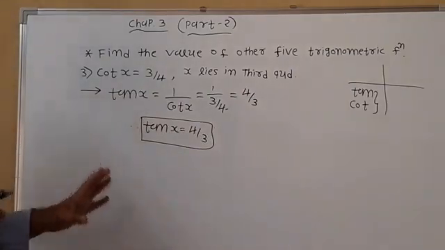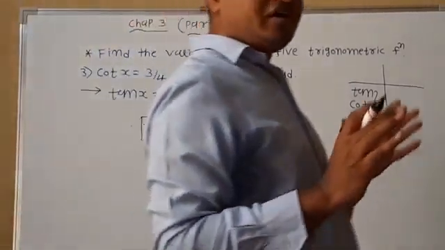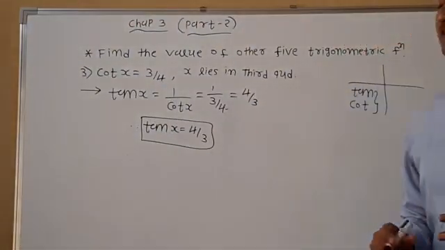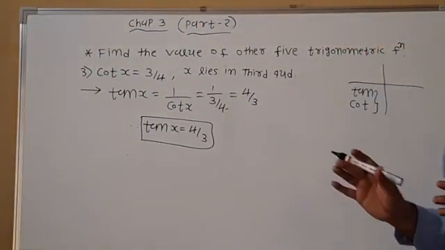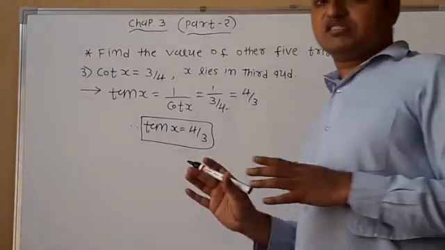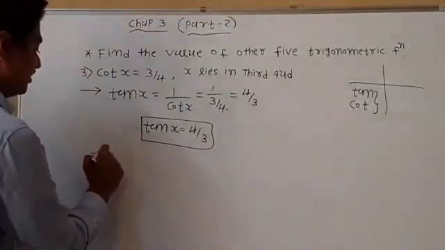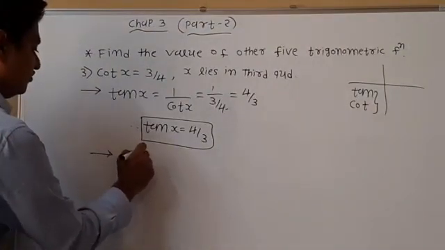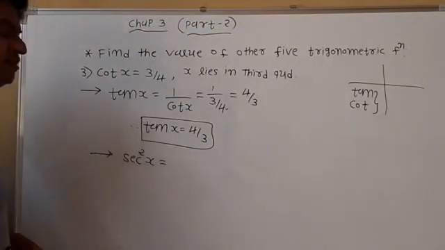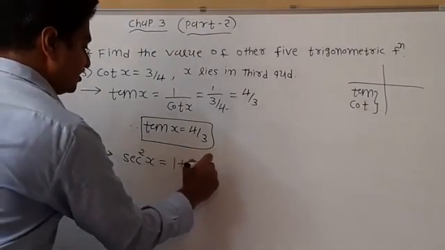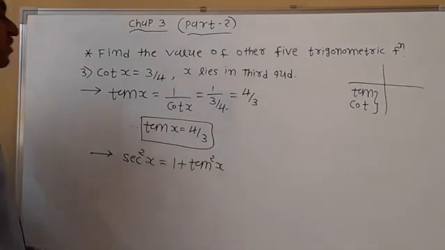Now, how can we find the values of sine, cos, sec, cosec? Here tan x is given, and we know the relation sec square x is equal to 1 plus tan square x. Using this result, sec square x is equal to 1 plus tan square x.